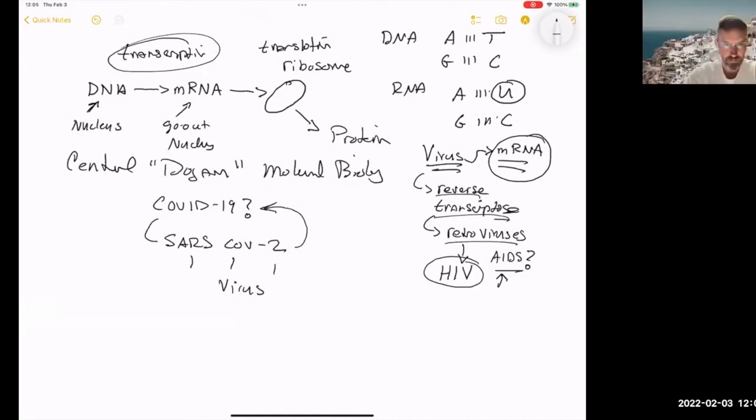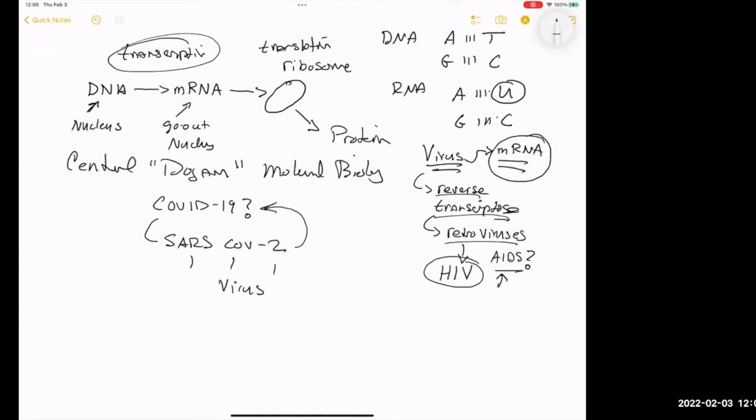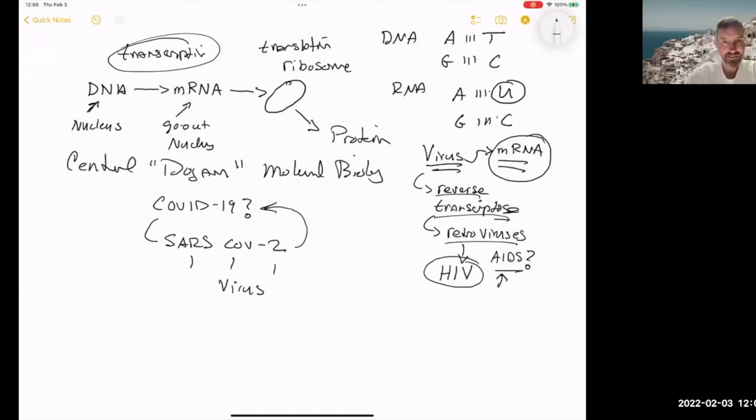Now, there are other RNA-containing viruses that are not considered retroviruses, but they can do the same thing. But they use a different enzyme. For example, SARS-CoV-2, right? Is SARS-CoV-2 a retrovirus? What do you all think? No. But can it do the same thing that retroviruses do?